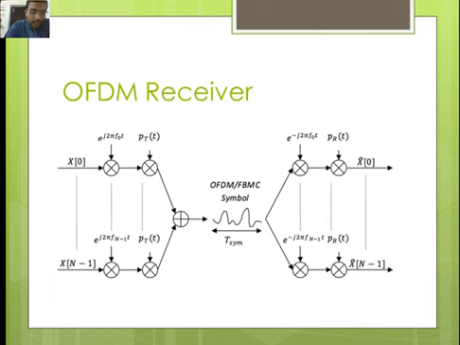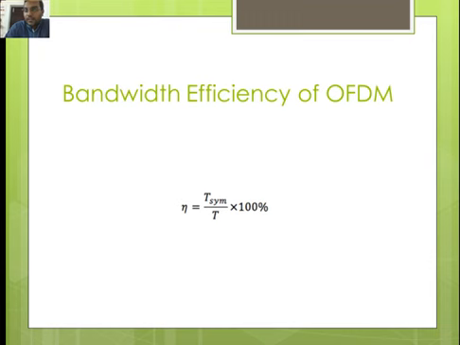So from here we can conclude that OFDM doesn't have the maximum bandwidth efficiency in practice. If you want to calculate the bandwidth efficiency of an OFDM symbol, given by say eta, T symbol is the actual duration of the OFDM symbol, whereas we are occupying T units of time. So the bandwidth efficiency is not 100%.